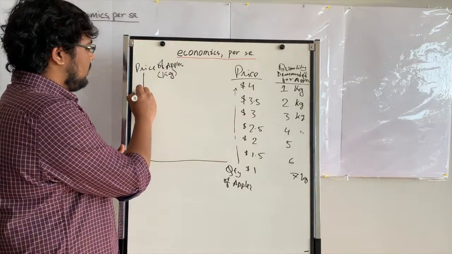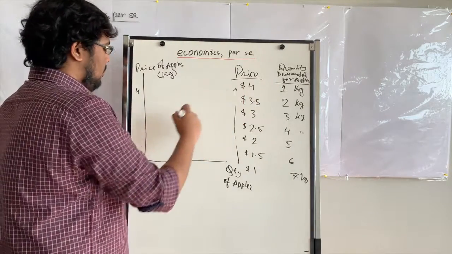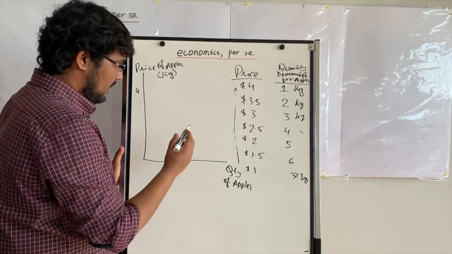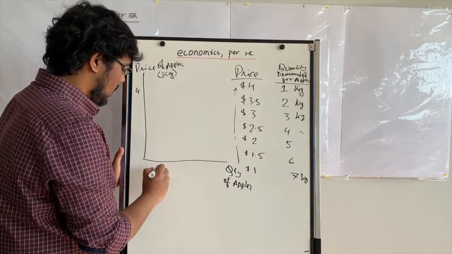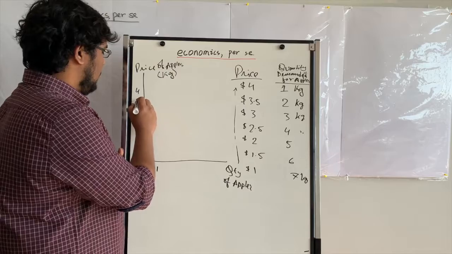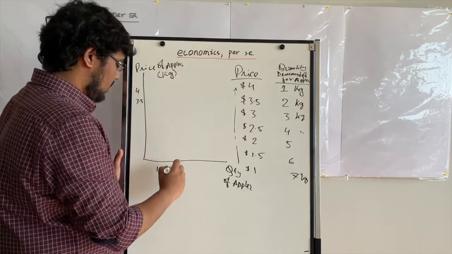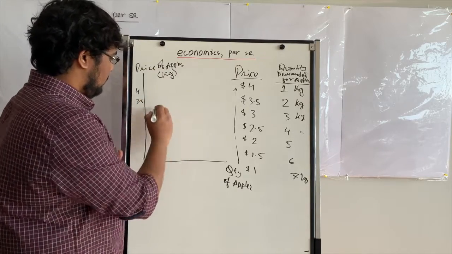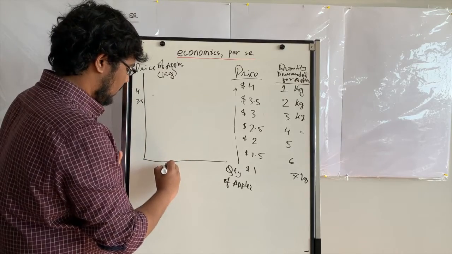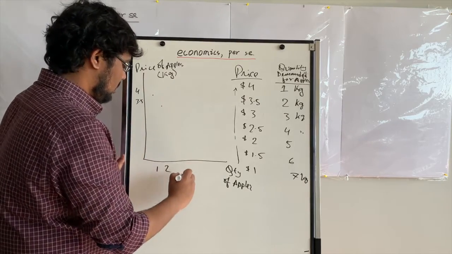When the price is $4, the quantity demanded for apples is 1 kilogram. When it is 3.5, so this is 1 point, 3.5, this 2.